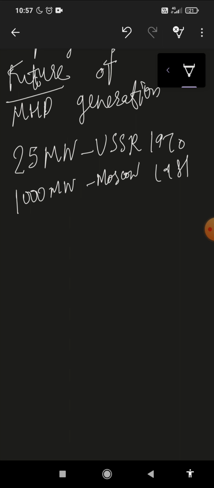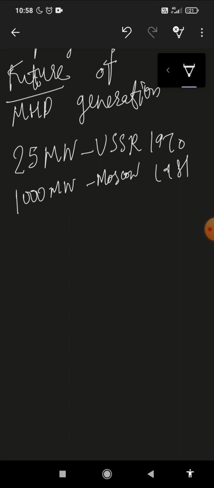So a pilot 250 megawatt engineering test facility, which is planned to be a fully integrated MHD steam power plant, is commissioned in USA.